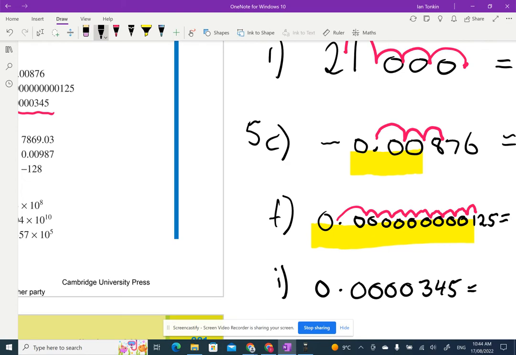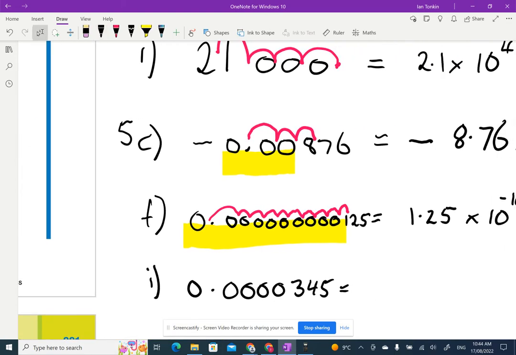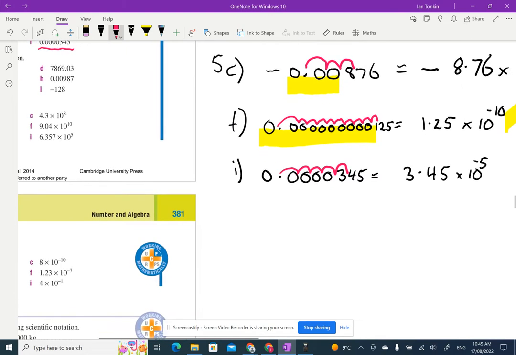So you don't actually have to go and count the number of zeros. You know there are 4 plus a 1 in front. So I'm just going to write 3.45 times 10 to the power of 5 negative. And now I'm just going to double check by doing my normal step. 1, 2, 3, 4, 5. So it's that easy.